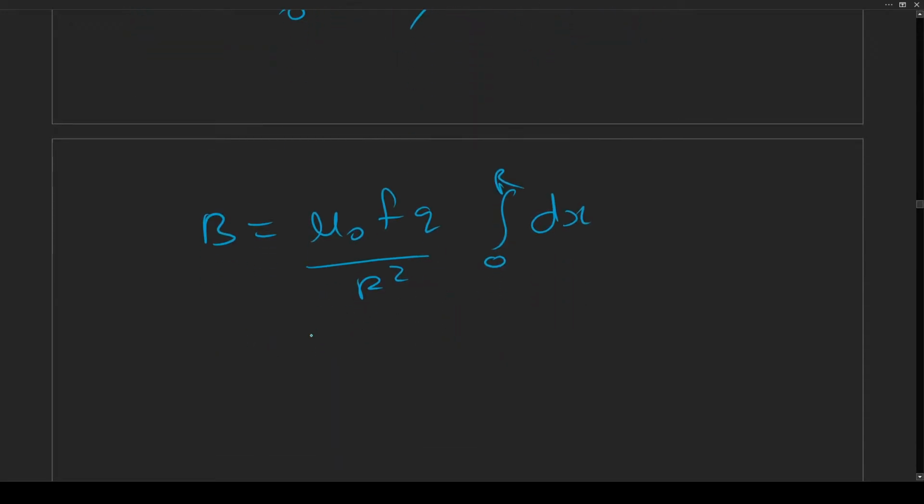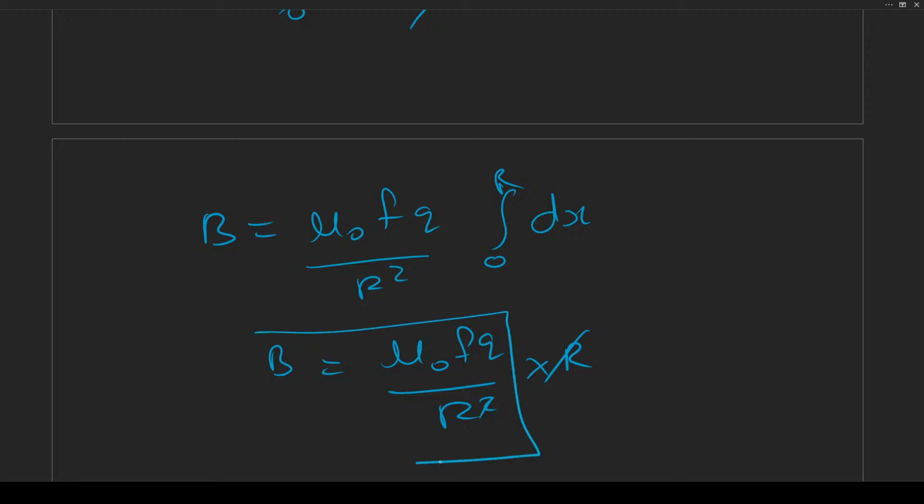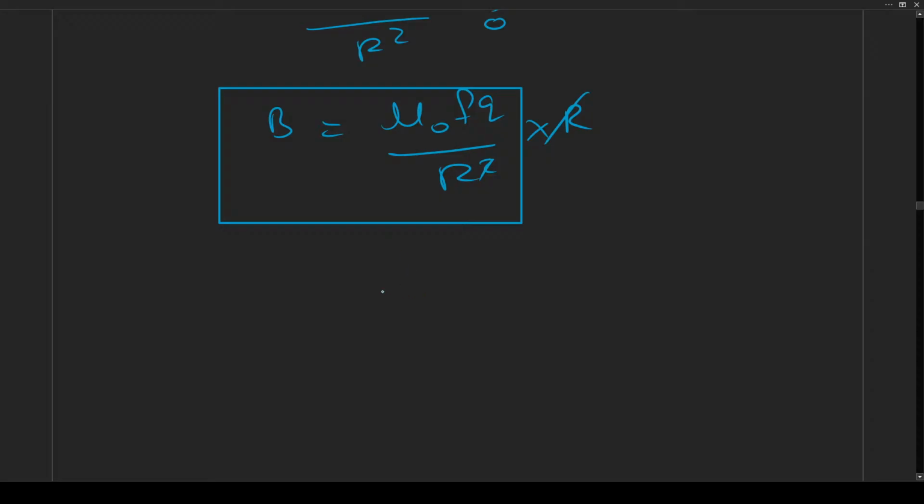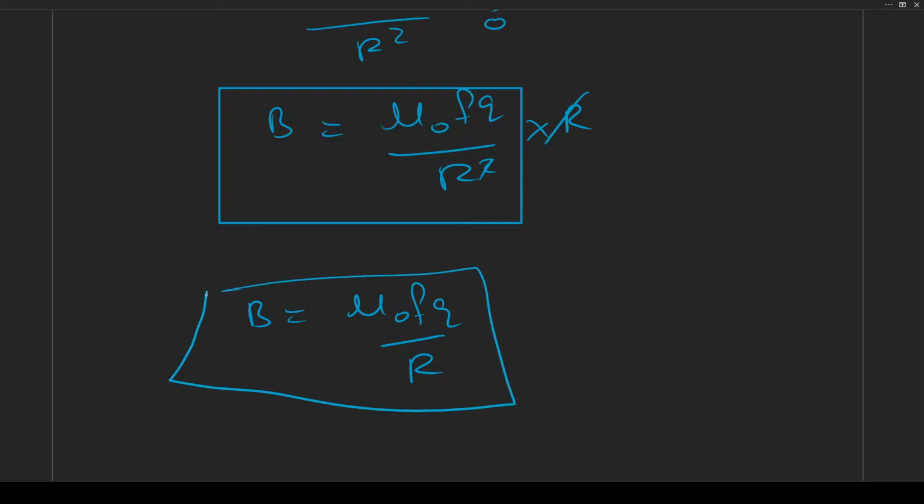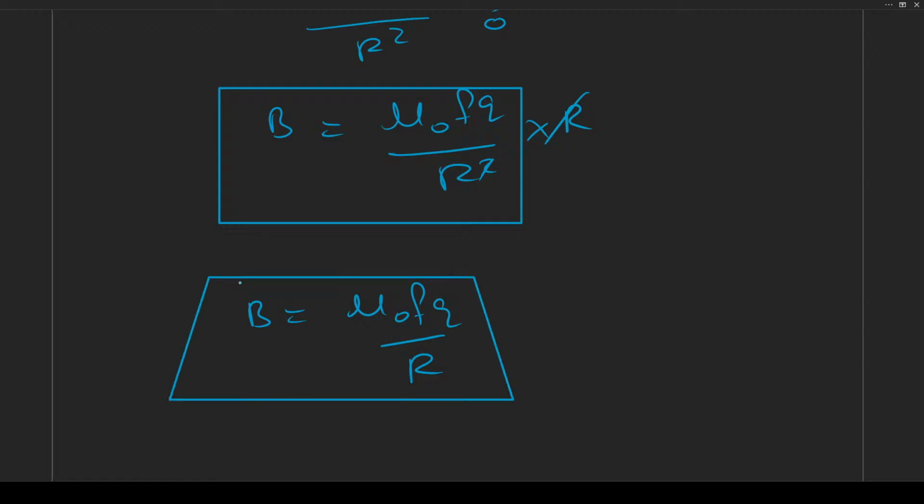So B equals mu naught f q by r square times r, where the final equation is mu naught f q by r. This is the net magnetic field at the center. Now let's go to the next question.